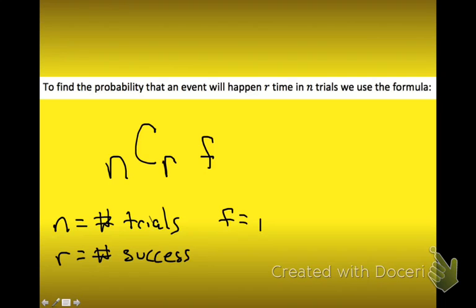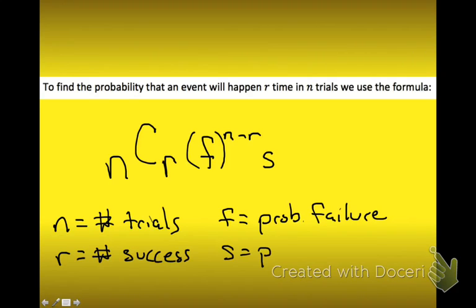So f is going to be the probability of failure, and we're going to raise that to the n minus r power. I'm going to put that in parentheses. And we're going to then take our success, which is the probability of success, and we're going to raise that, again in parentheses, to the r power.